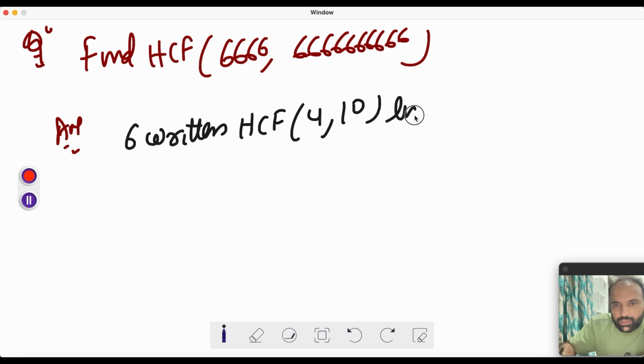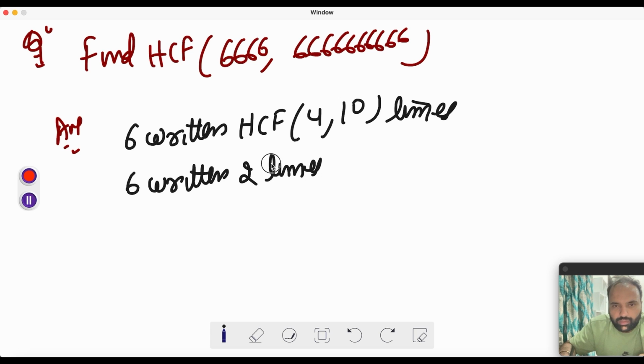So 10 times. So the HCF of 10 and 4 is, any factor of 6. Any factor of 6 would be 1, 2. So if I take 6 written 2 times.